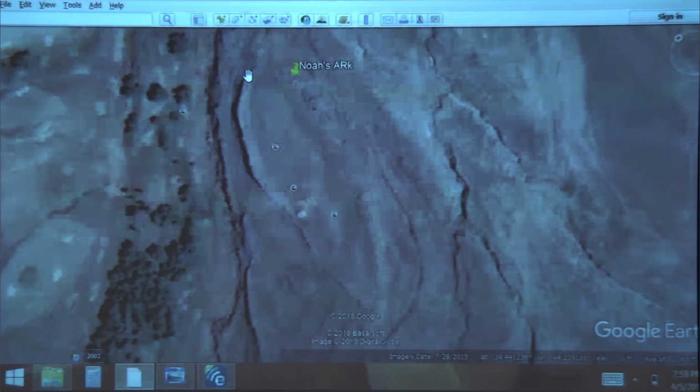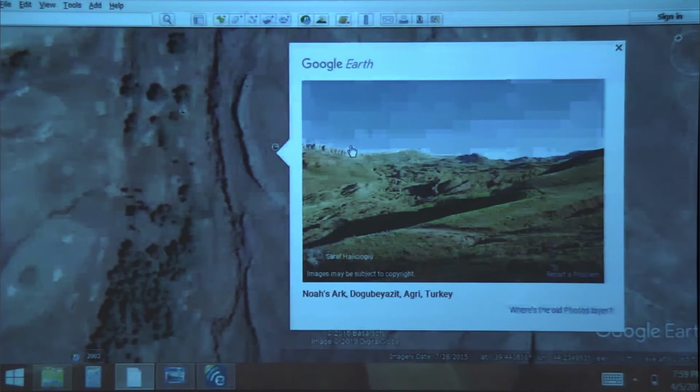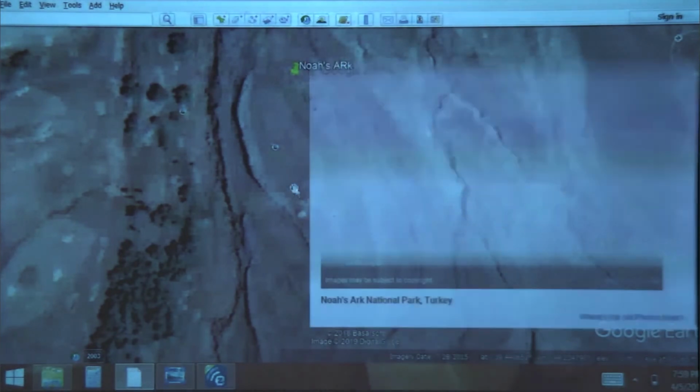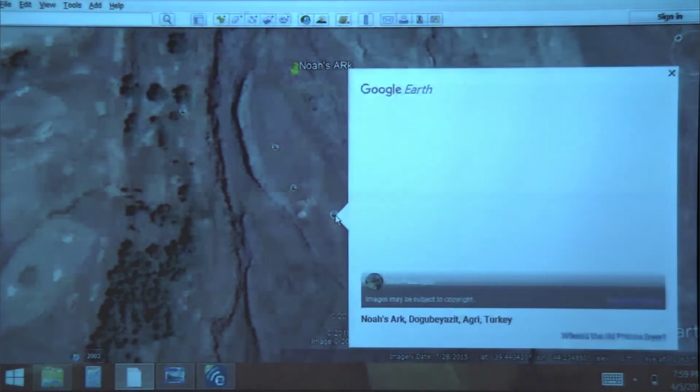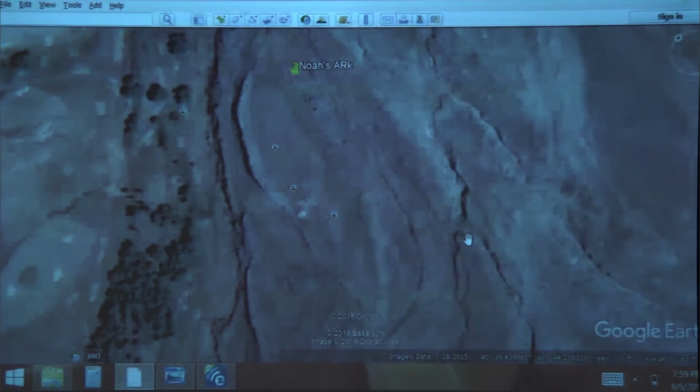It's the dimensions of the ark. It's about 30 miles from Mount Ararat itself, or the mountains of Ararat. And you can kind of see the depression of it. What's interesting about this is there's been a lot of study here.